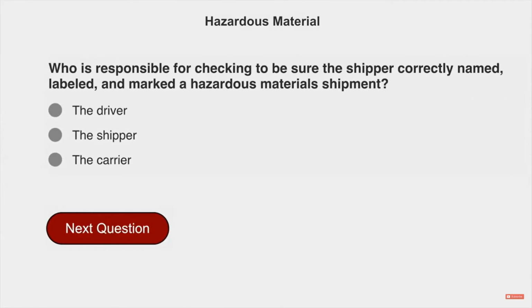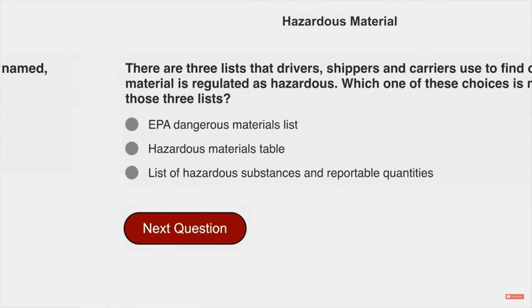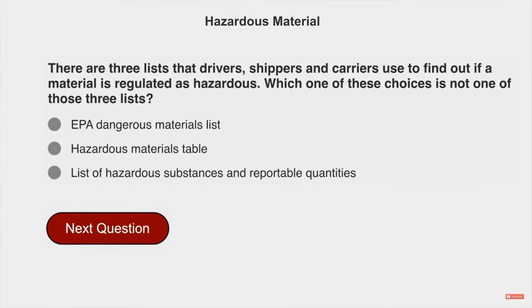Who is responsible for checking to be sure the shipper correctly named, labeled, and marked a hazardous materials shipment? The carrier. There are 3 lists that drivers, shippers, and carriers use to find out if a material is regulated as hazardous. Which one of these choices is not one of these 3 lists?